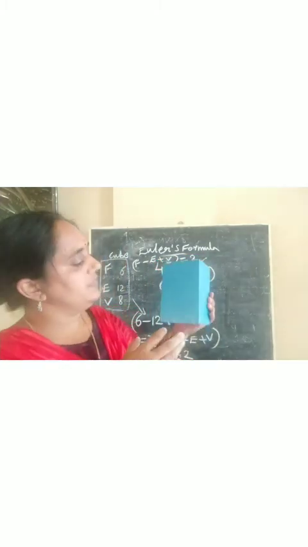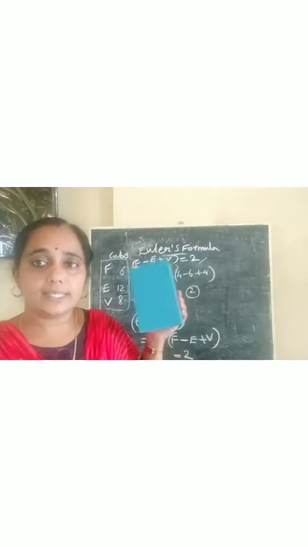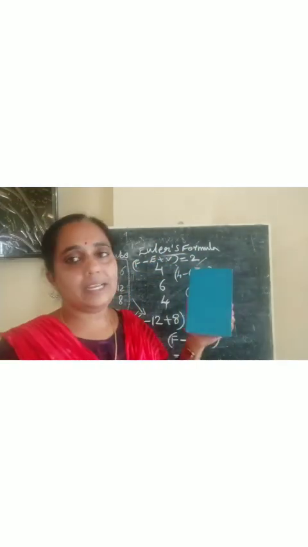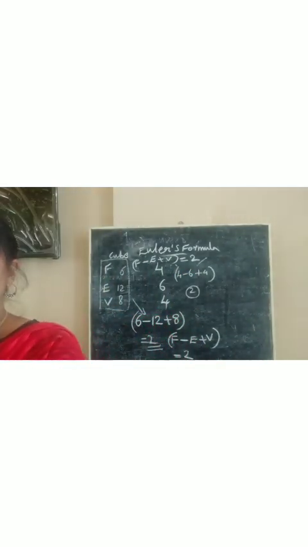If there is a hole, we can keep something here. That is 3D shapes, solid shapes. But for 2D shapes, we will have only length and breadth or width only. Clear?